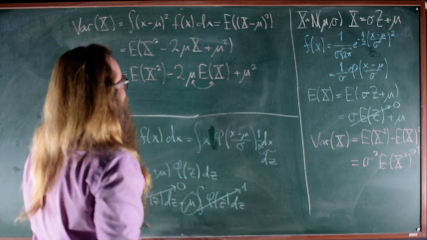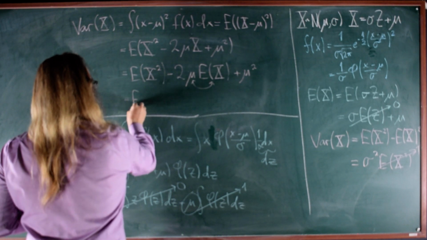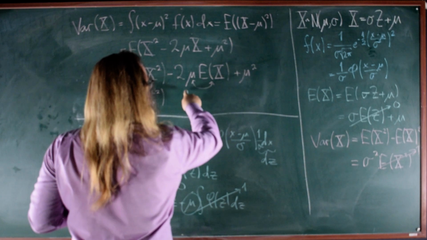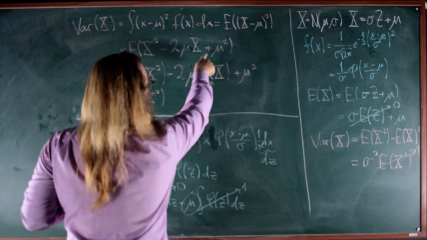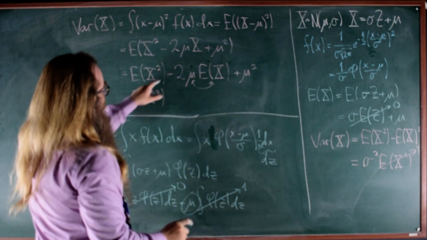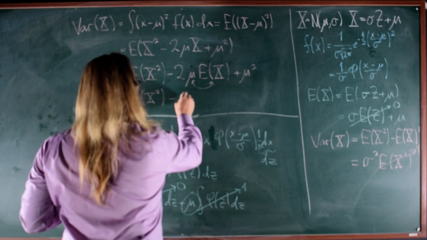It's two ways of writing the same thing. So what I have here is the expected value of x squared minus 2 times the expected value times the expected value, plus the expected value squared. So I have minus 2 times something plus the same thing. What I'm left with is just one of that thing.